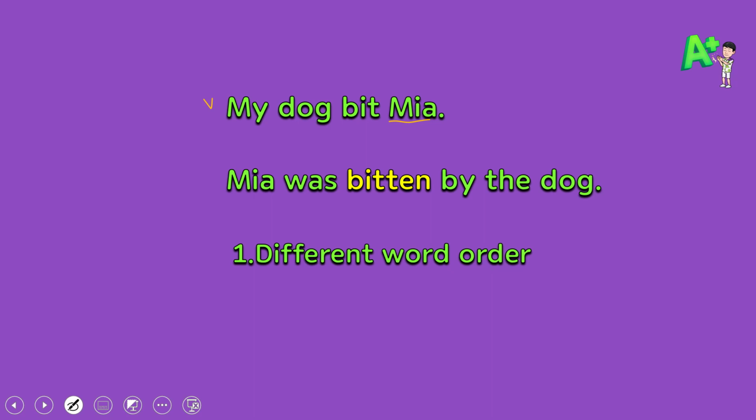Object in the active voice became the subject in the passive voice, and the subject in the active voice, my dog, is placed at the end of the sentence following the preposition by. So it involves a different word order.